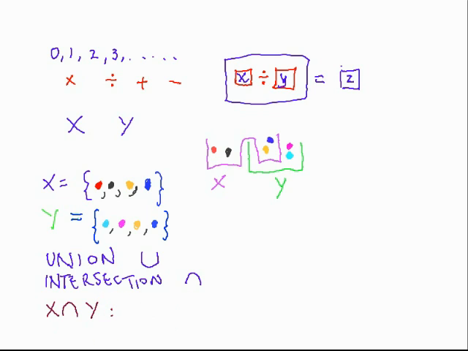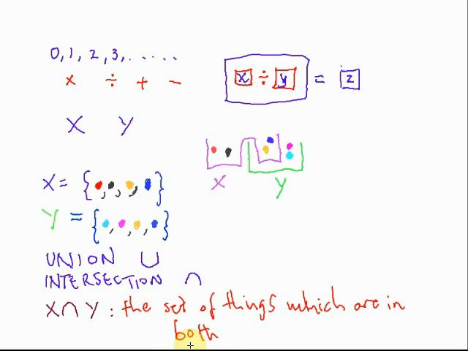And what does that mean? Well, it means this. X intersection Y, the intersection of X and Y, is the set of things which, my writing is terrible, are in both, not either, but both X and Y. Now, what is the intersection?